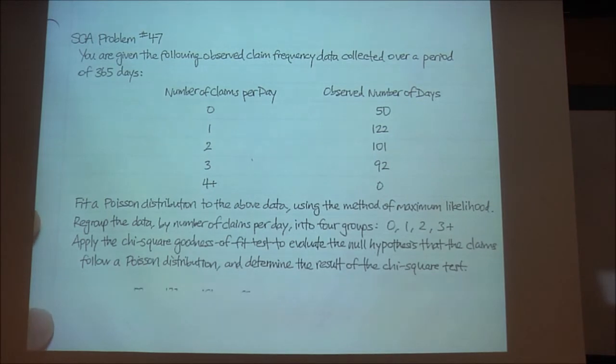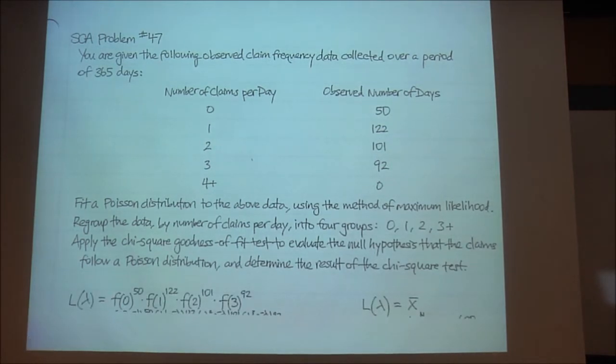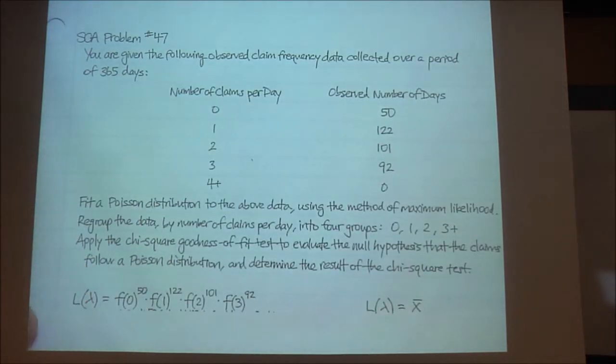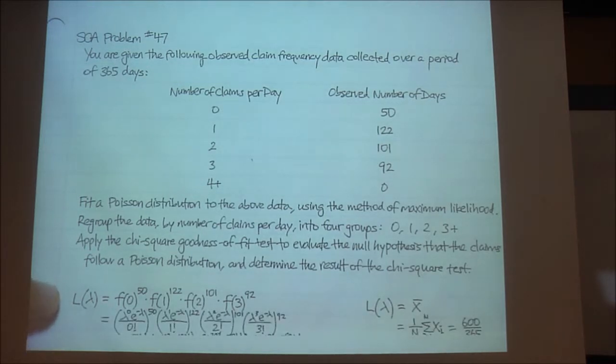So what you do first is multiply all the individual probabilities that each event occurs. So it's f of 0, which occurs 50 times, f of 1, 122 times, and so on. And with the Poisson distribution, you get the individual probabilities, which is lambda to the k, where k is the number in the parentheses, multiplied by e to the negative lambda divided by k factorial.